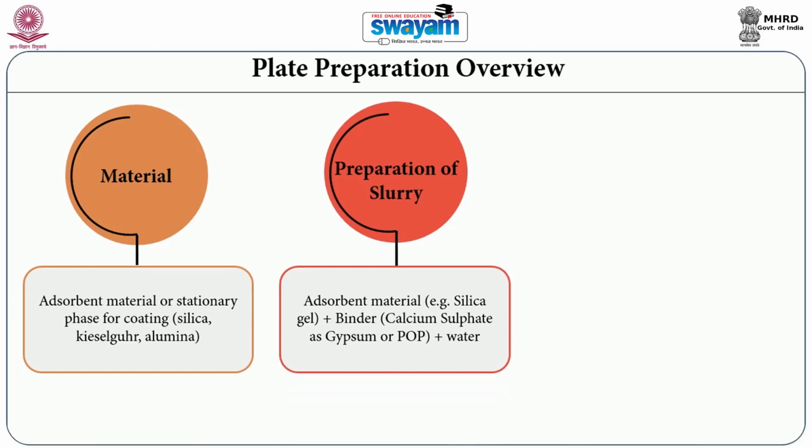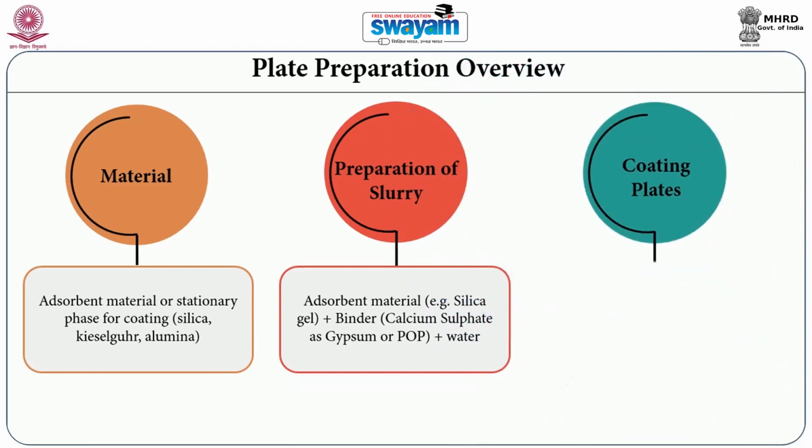Now, this binder will help the stability of the stationary phase and will ensure that it stays stable when it is coated onto your support or the backing that you are using.